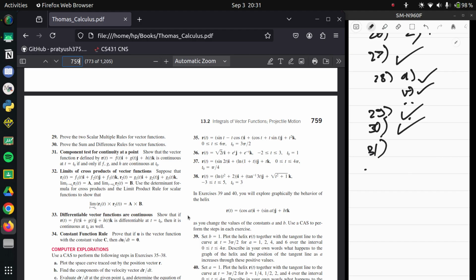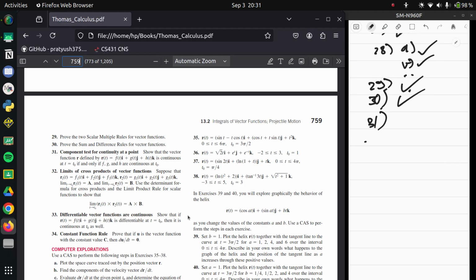31, some epsilon delta stuff, easy to show really. Component test for continuity at a point, so that the vector functions defined by this stuff are continuous at a point if and only if f, g, h are continuous. Okay, so once again, what's the continuity definition? It's basically if you nudge it a little bit, if you change your t by a little bit, your r shouldn't just explode, right?